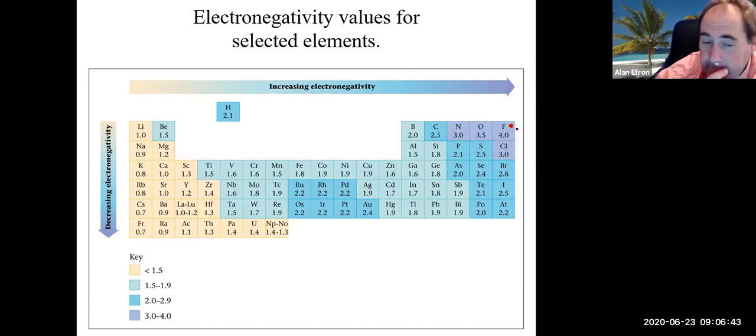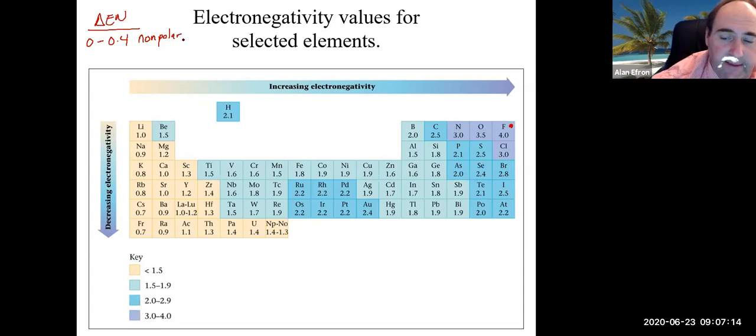There is a general scale that people use to determine what type of bond you would get based on the difference in electronegativity values. If the difference is somewhere between 0 and 0.4, that usually implies that the bond is nonpolar.